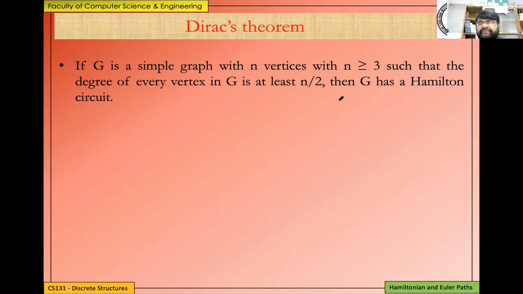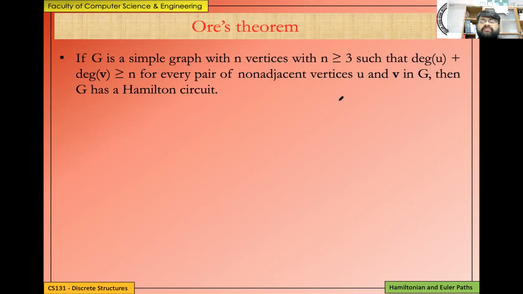If G is a simple graph with n vertices, the degree of some vertices may even be less than n/2, and it may still contain a Hamilton circuit. However, if the degree of each vertex in the graph is equal to or greater than n/2, then it will for sure contain a Hamilton circuit.